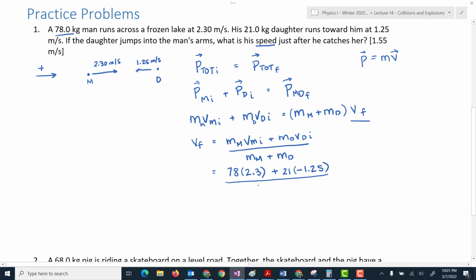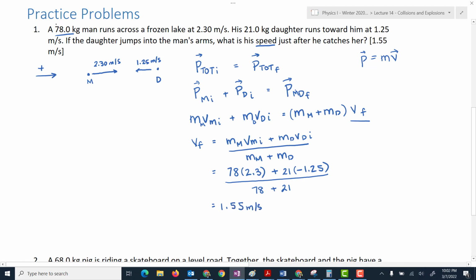Divided by the mass of the man, which is 78 kilograms, plus the mass of the daughter, which is 21 kilograms. Now I can just type this into my calculator. So I have 78 times 2.3 plus 21 times negative 1.25, all over 78 plus 21, and I get 1.55 meters per second.